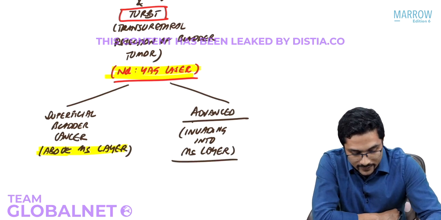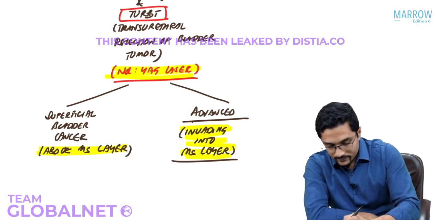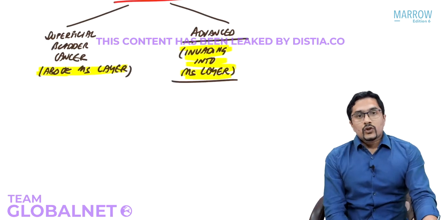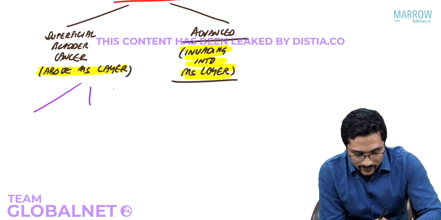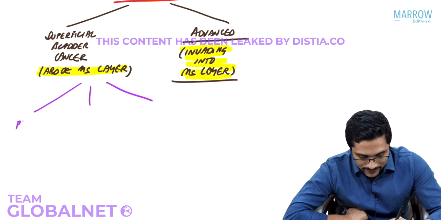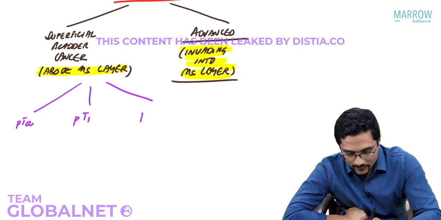That is invading into the muscle layer, right? So superficial bladder cancer, which is above the muscle layer, there can be three scenarios here. You can have PTA, you can have PT1, and you can have PTIS.